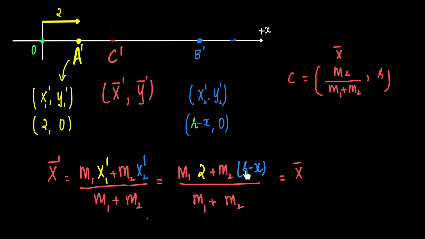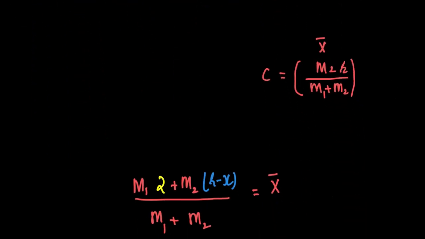We found it to be r minus x. Now x bar dash is equal to x bar, because the center of mass has not changed, which is equal to m2 by m1 plus m2.